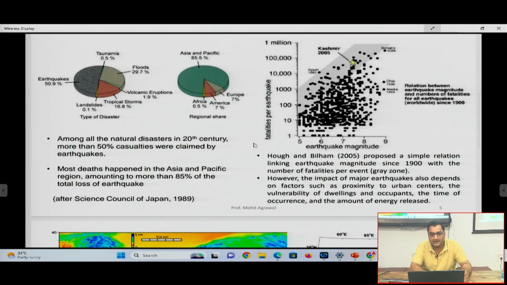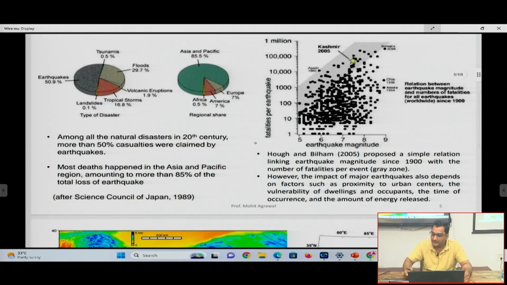We did not take into account the local site-specific conditions or the secondary effects of the earthquake, such as landslides, liquefaction studies or tsunami studies. And whatever maps we are generating, we are just generating using regional ground motion models. We are still developing the site-specific ground motion models to have better accuracy in our seismic zonation map.